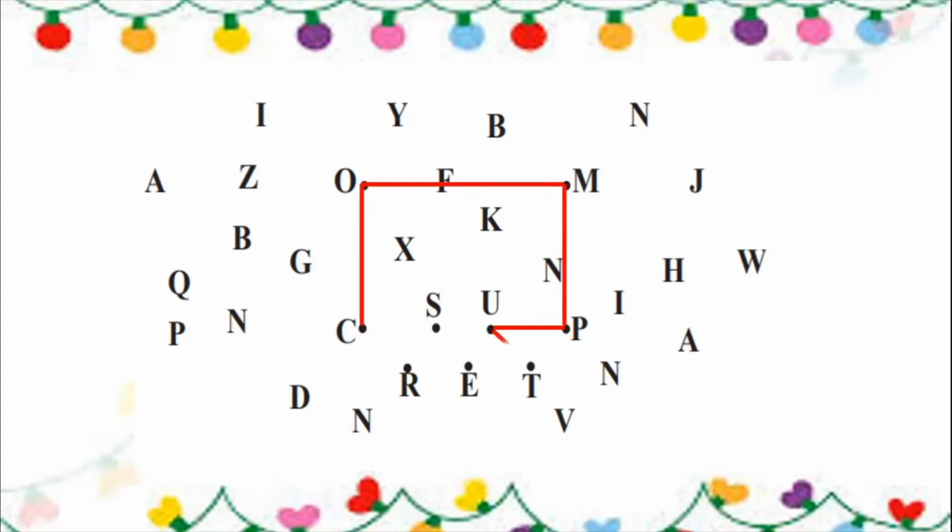From U we go to T. From T the line will take us to E. Moving forward we will go to R, and finally let us complete the word with the S. So what is the word that you have here? It is computers.